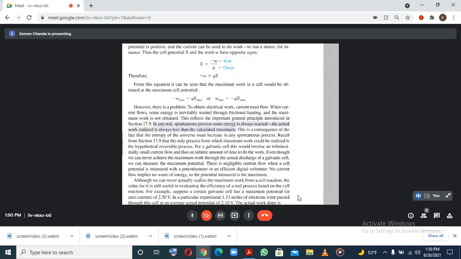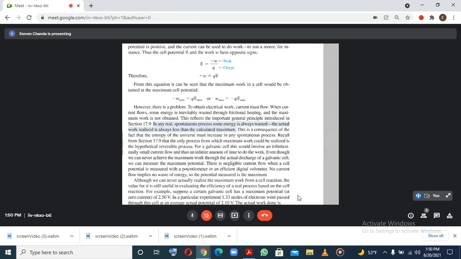So now, we said that for the E, the cell potential is pretty much going to give us the electromotive force that's happening, because it's given in volts, right? So the electromotive force, or volts, is equal to work, that was the joule there.